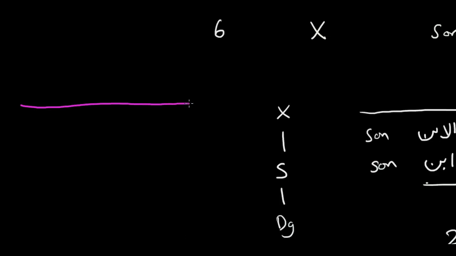we can draw again X, and he passes away, he leaves a granddaughter. So this is daughter of the son of the deceased.